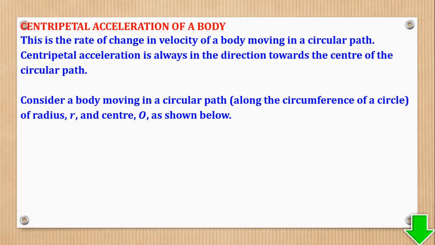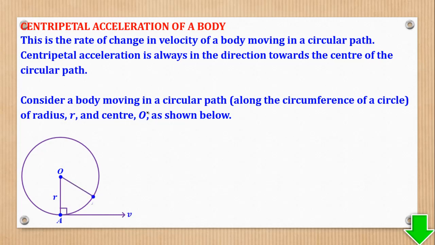So let's consider a body moving in a circular path of radius r and center O as shown below. Let it be initially at point A. Therefore, the velocity will be tangential, linear speed.